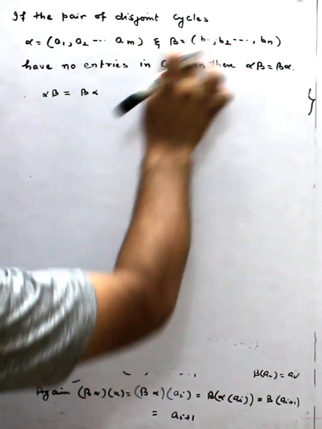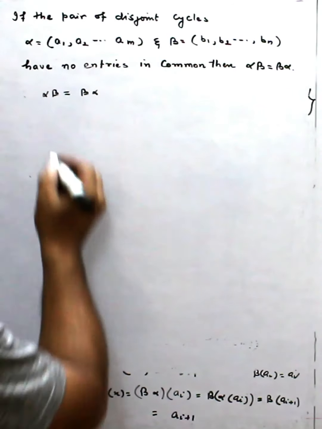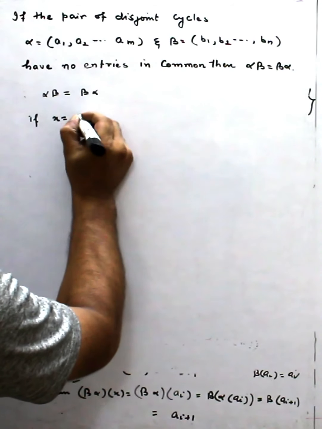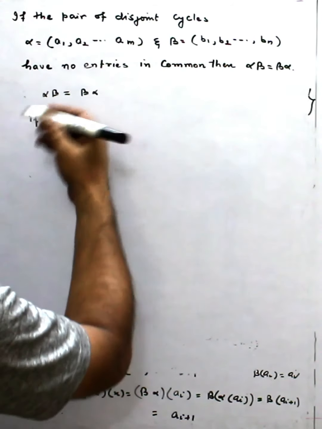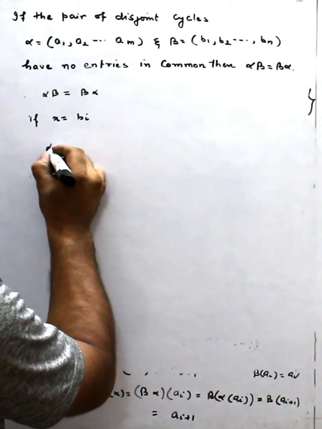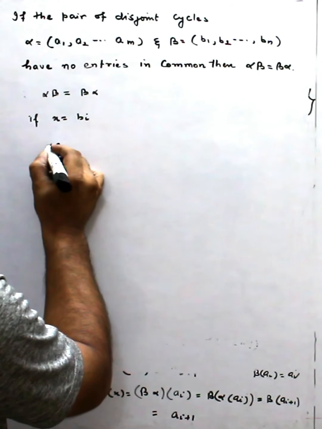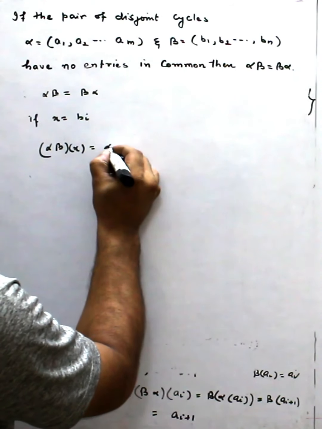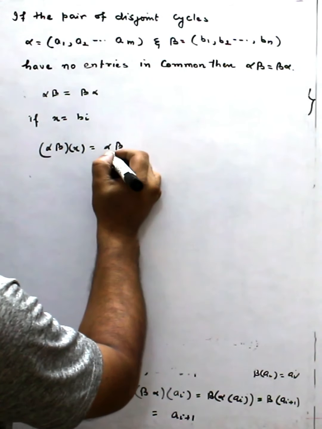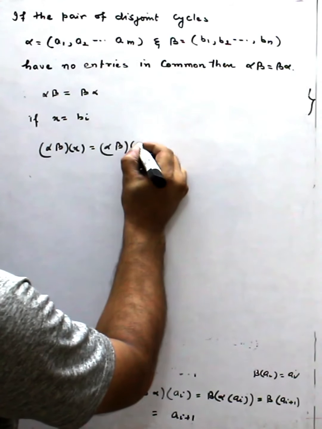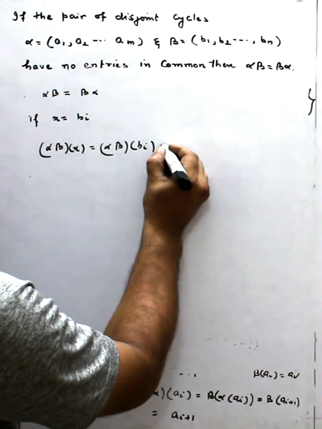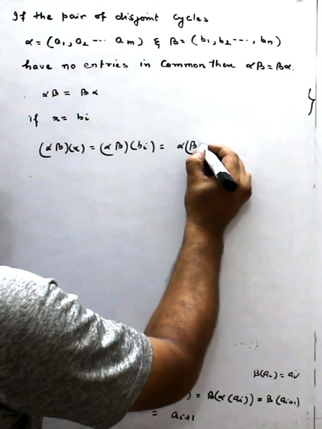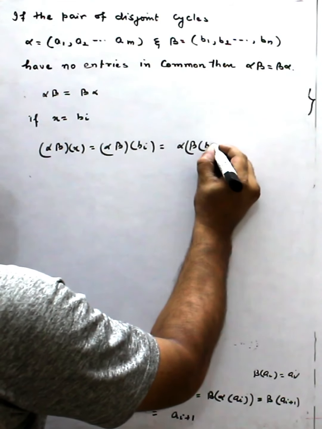Same case we can apply for B. If x is equal to bi, then by the same logic, alpha beta x we can write as alpha beta bi.